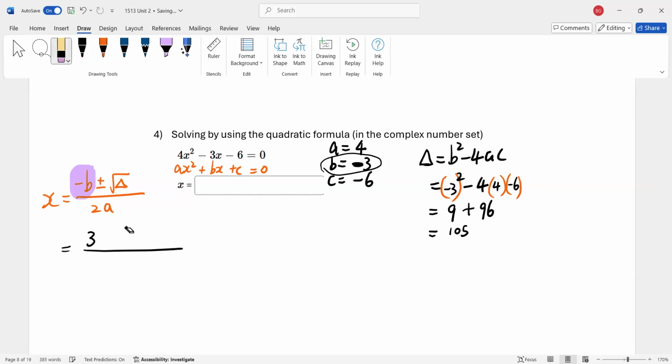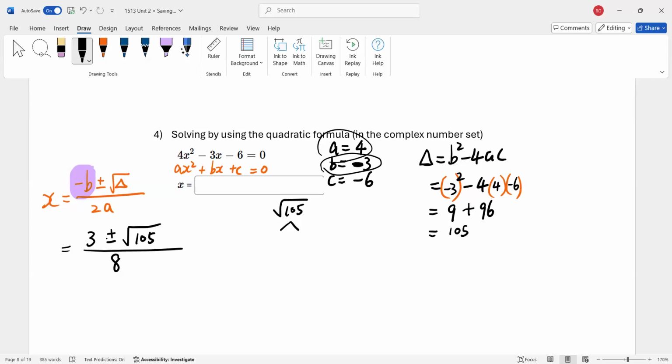Let me rewrite this. Plus, minus, square root 105 over 2a. A is 4, we got twice of a, 8. Right? Okay. We have a square root of 105. We need to simplify it. The last digit of 105 is 5, right?